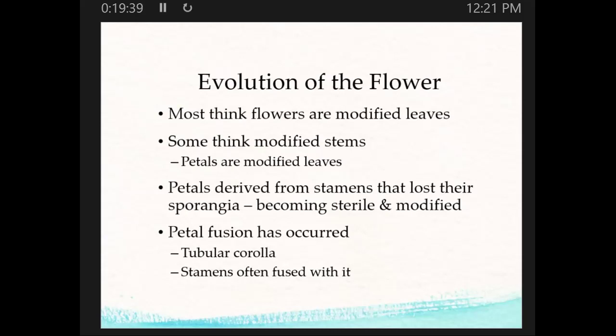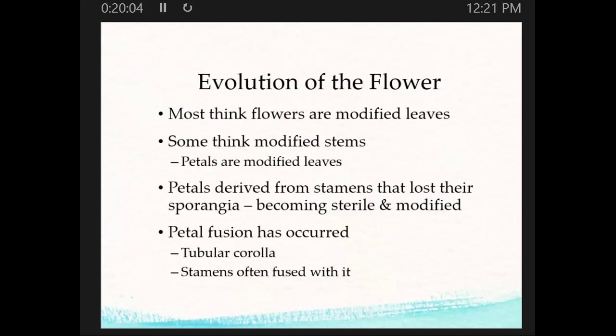And then petal fusion. We often see with the more advanced flowers that they have what they call a tubular corolla, a fancy way to say it. What they're implying is that there's been fusion, so that it looks almost like a trumpet design. And often you'll get the stamens fusing along with that.